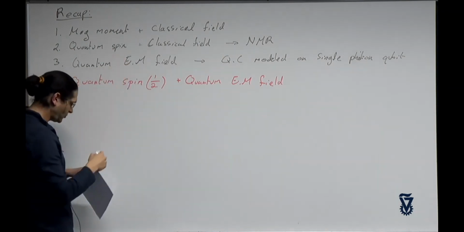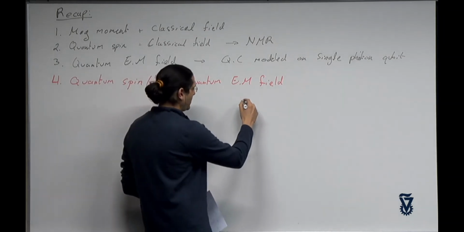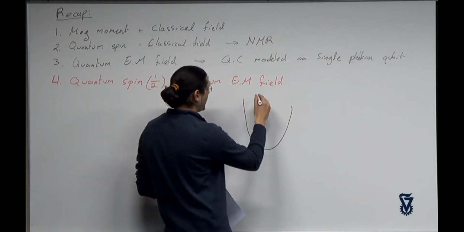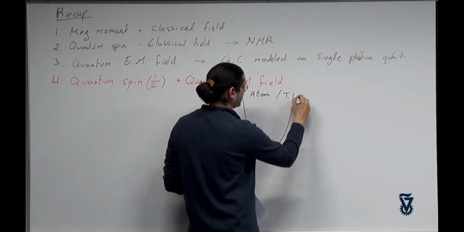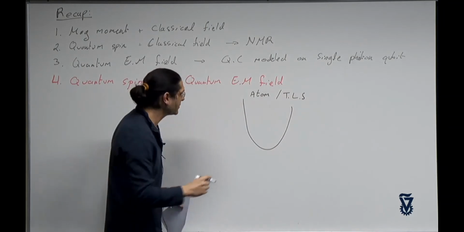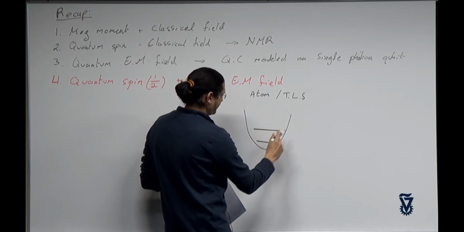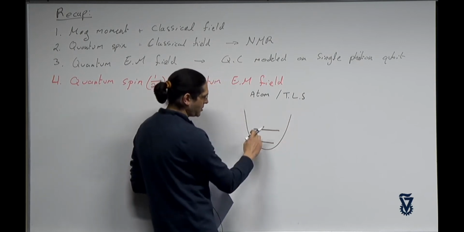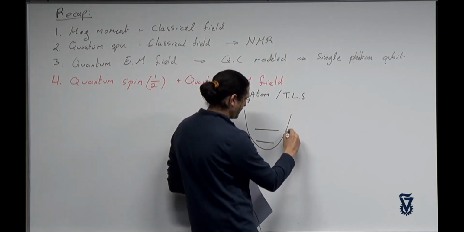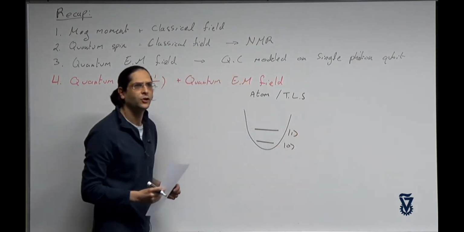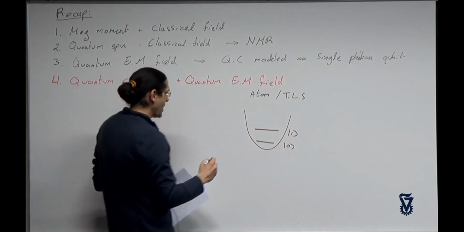If we go back to what we did before, when we looked at the dynamics of an atom, or more specifically a two-level system, spin half, whatever you want to call it, we had some two-level system, which we called 0 and 1, that also symbolized our qubit, or sometimes we call them ground and excited, G and E, doesn't matter.